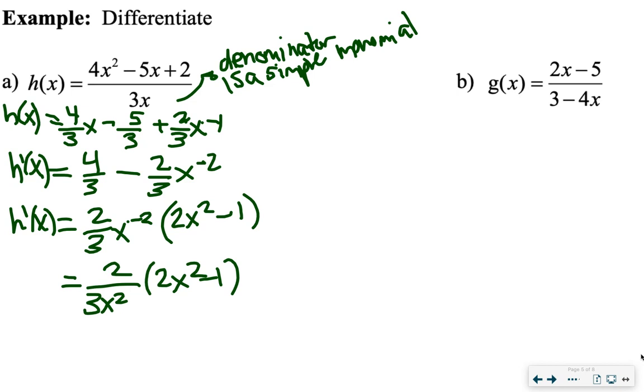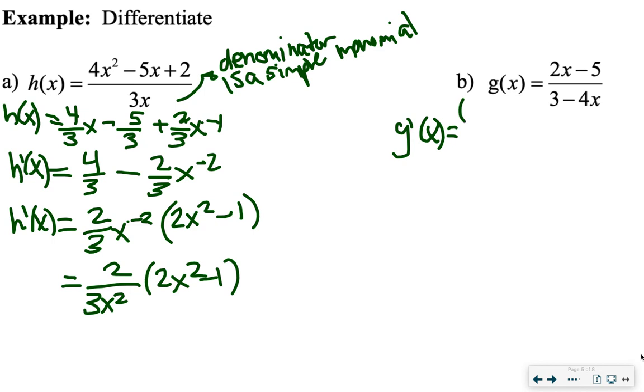So let's go ahead and use the quotient rule here on the second one, on my g of x. So my g prime of x, I'm just going to move that over a little bit. G prime of x. All right, so I'm going to do bottom d top minus top d bottom all over the bottom squared.